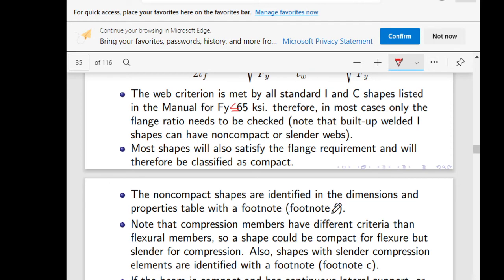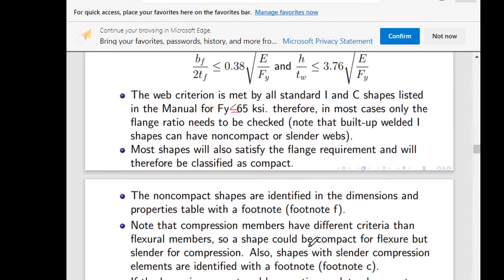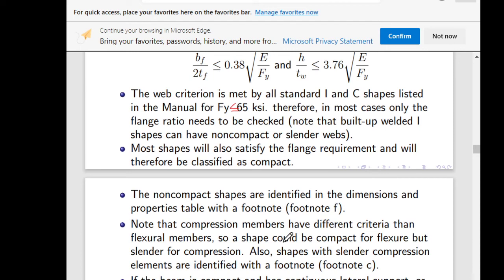The noncompact shapes are identified in the dimensions and properties table with the footnote F. Note that compression members have different criteria than flexural members. So a shape could be compact for flexure but noncompact for compression.